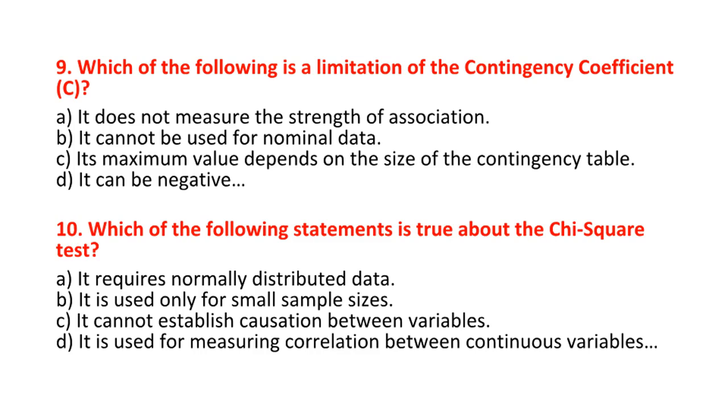Which of the following statements is true about the chi-square test? A. It requires normally distributed data. B. It is used only for small sample sizes. C. It cannot establish causation between variables. D. It is used for measuring correlation between continuous variables. Answer, C. It cannot establish causation between variables.